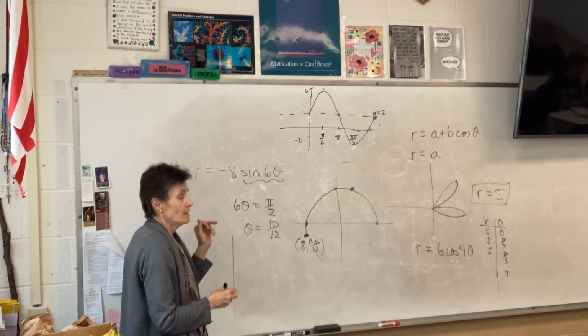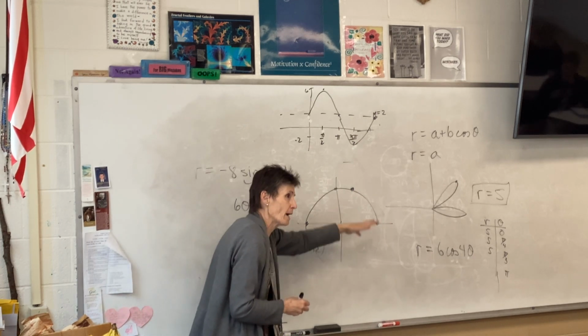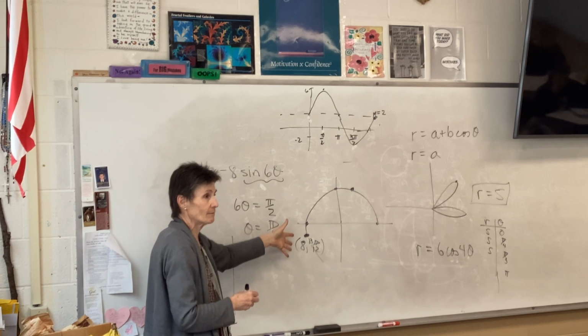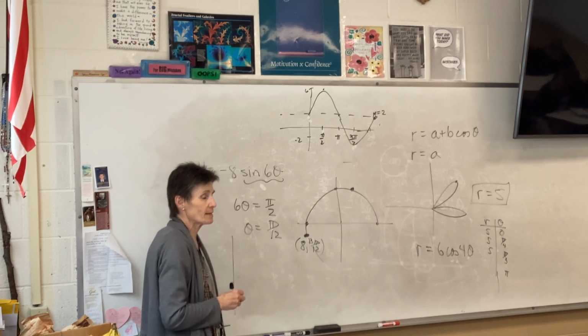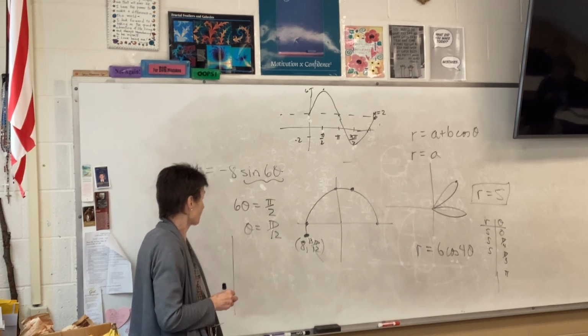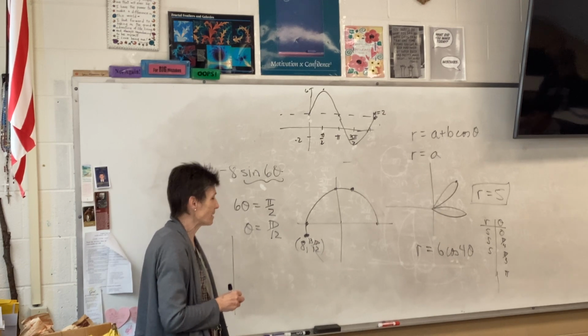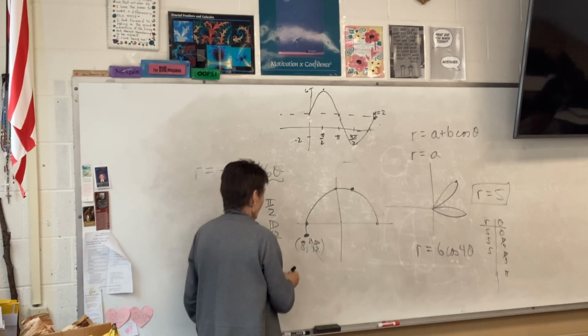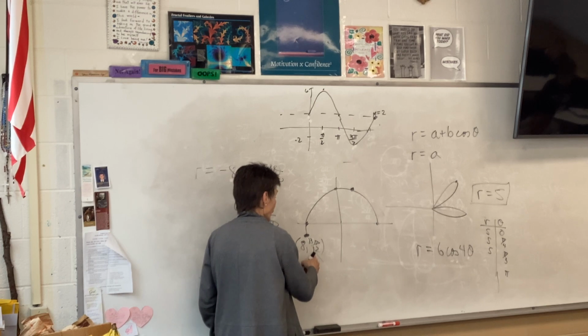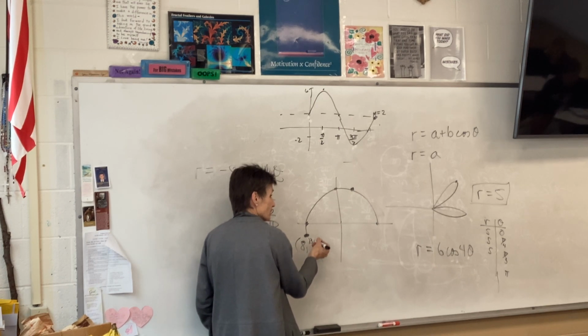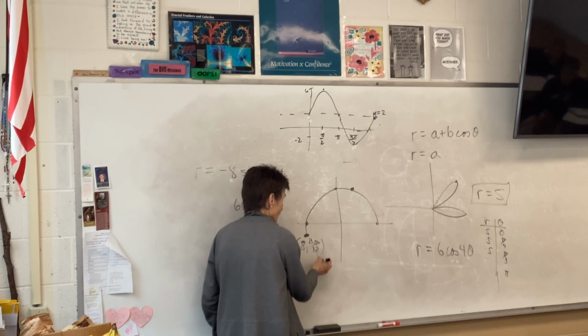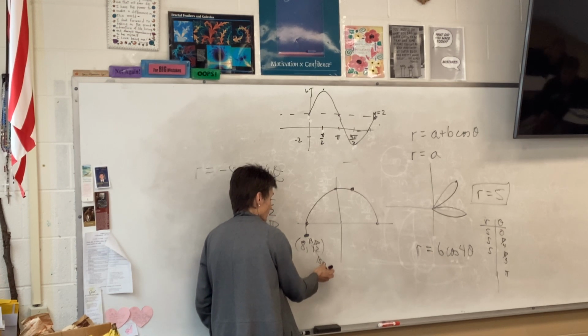Yeah. Now, you're going to work your way all around. That's just going to be the beginning of it. Now, how far apart did you say these were? Pi over 6? Yeah. So we're going to have one at 13 pi over 12. We're going to have one, you said pi over 6, so 15 pi over 12. By the way, what's 15 pi over 12? That's just 5 pi over 4.